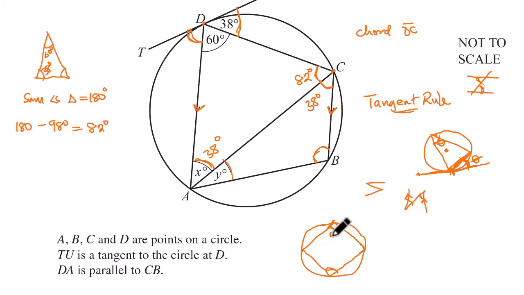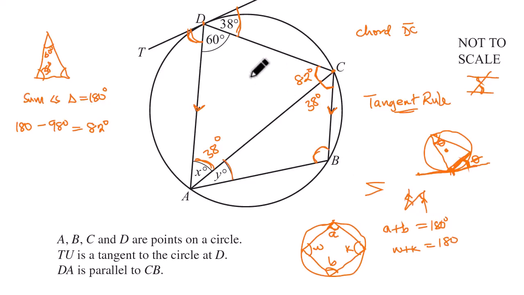So if this angle is A and this angle is B, then the sum of the two angles must give you 180 degrees. It's a pretty simple theorem. You just need to remember it. So if you have opposing angles like that, the sum must be equal to 180. Same thing here. If here is W and here is K, for instance, then W plus K must give you 180.